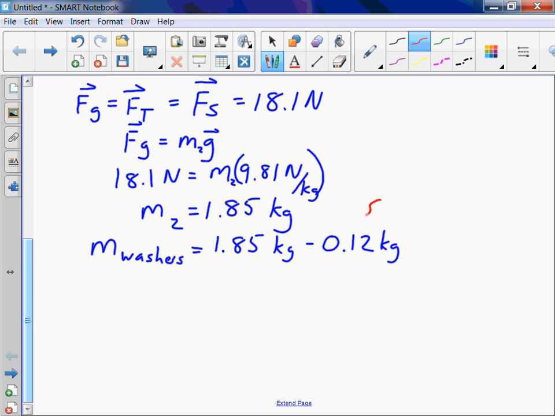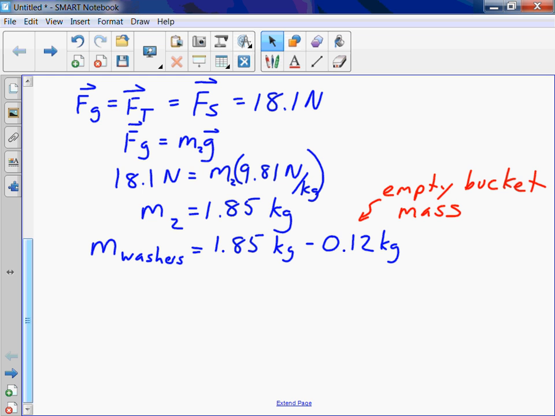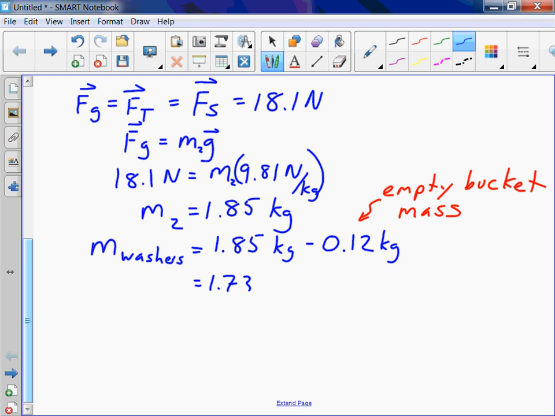And this is the empty bucket mass. Minus 0.12 gives us 1.73 kilograms worth of washers. Now just divide it out and then round down.